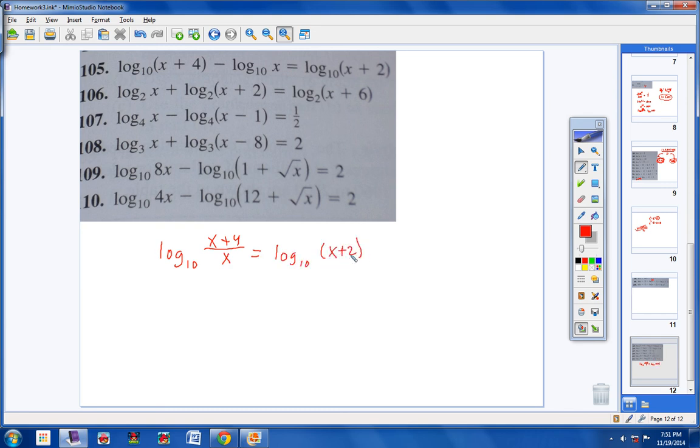Okay, cross off your logs. And here we go, multiply both sides by x. These cancel. X plus 4 equals x squared plus 2x. Okay, bring the x over and make it negative.